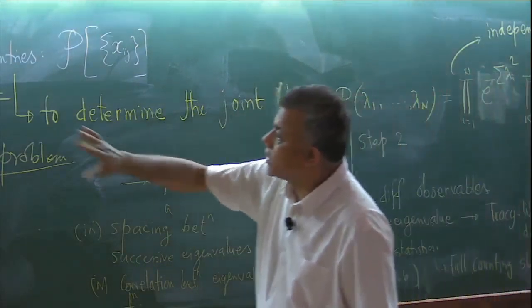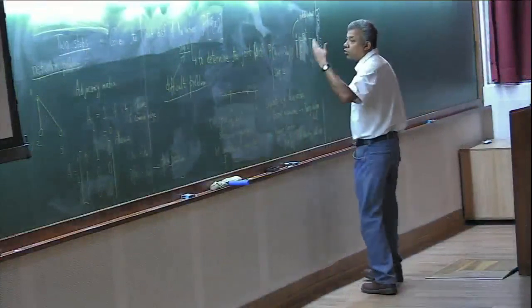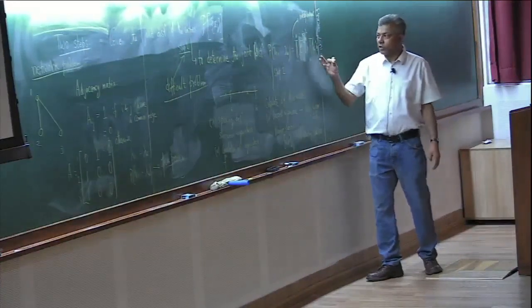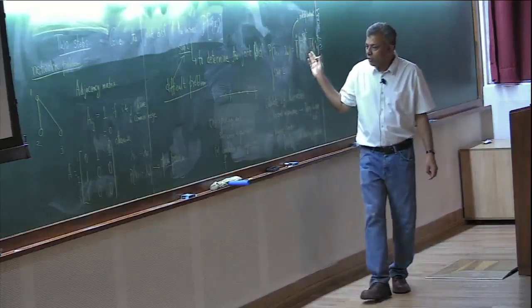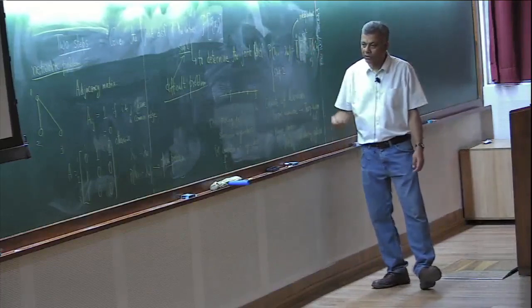So basically, this is the two-step program I want to do. At least I want to first introduce you to different ensembles. That's the flowchart, different ensembles, and then we'll see under what conditions you can determine the joint distribution. In some cases, when are you able to calculate the joint distribution? And then, after computing the joint distribution, what can we do to compute these different observables?